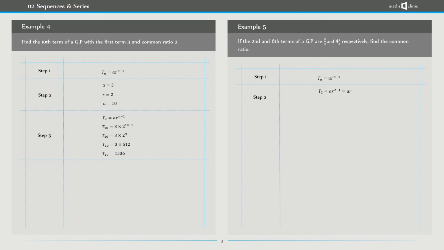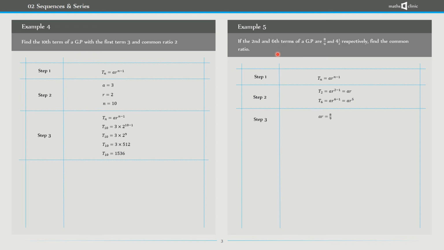We're trying to draw up 2 simultaneous equations in the same manner we did for the arithmetic progression question. So T2 equals ar, and T6 is ar to the power of 6 minus 1, which is ar to the power of 5.